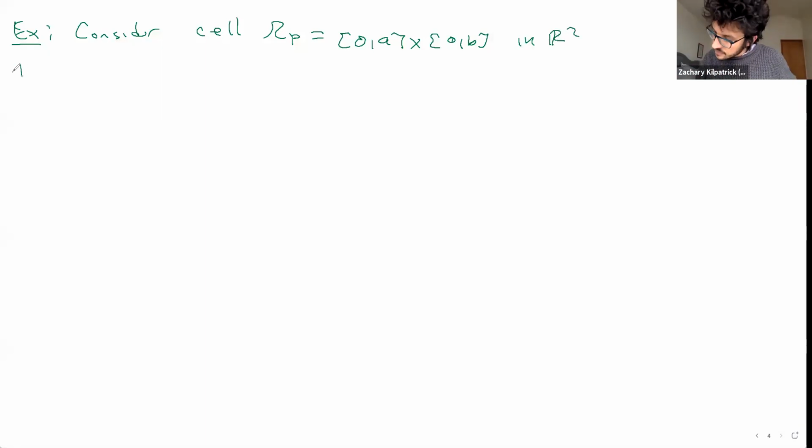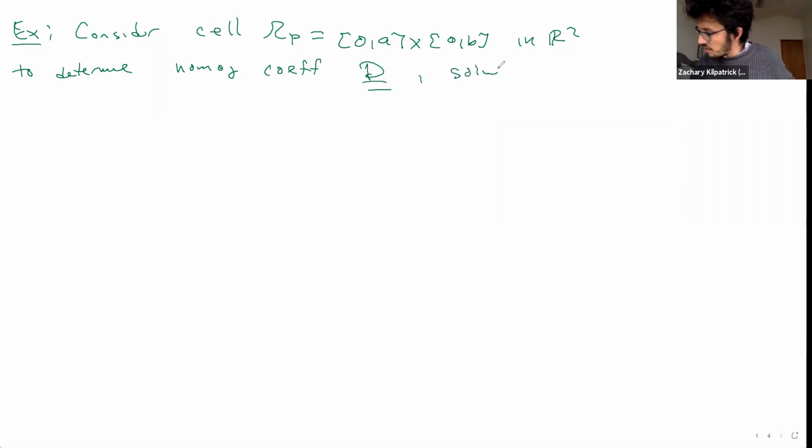Okay. And now to determine the homogenized coefficient, the under bar twice, we have to solve for our ai's there, okay? And let's make some assumption on D, okay?